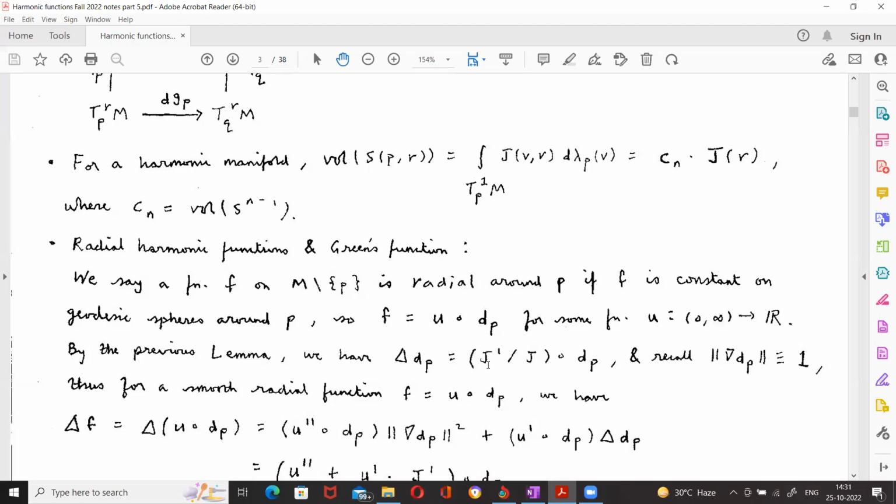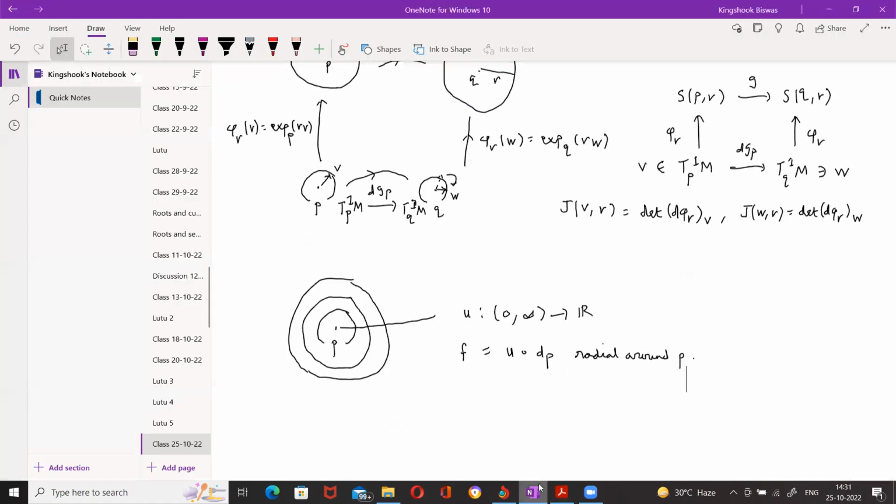So the Laplacian of the distance function is given by the logarithmic derivative of the Jacobian. Notice the Laplacian of the distance function is itself a radial function. That's because the distance function itself is radial, so the Laplacian will preserve that, but that's only for harmonic manifolds.